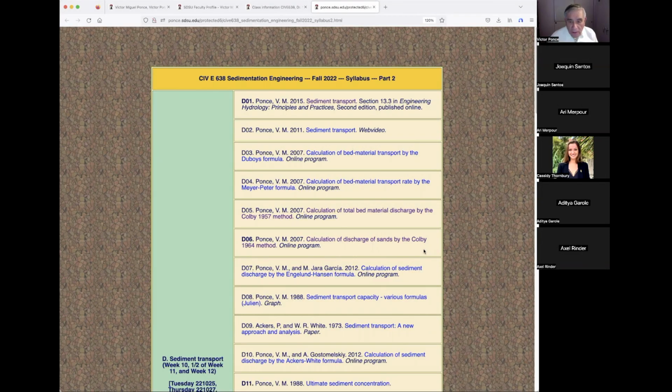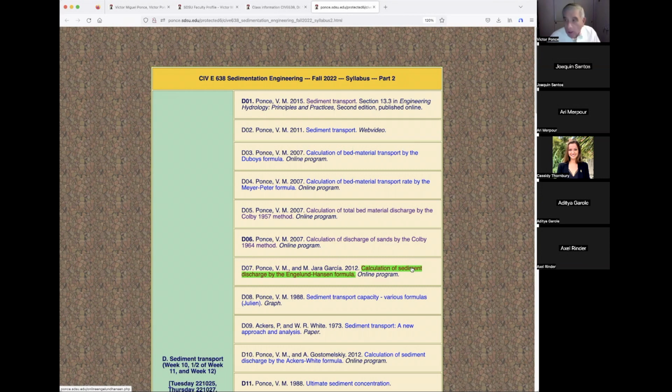The subject today is more on the sediment transport formulas. So we are now, I got finished describing the CIVE method, but I'm going to reiterate a couple of things that I forgot to mention. And then we'll move on to Engelund-Hansen, the graph by Julian, which I have already shown.